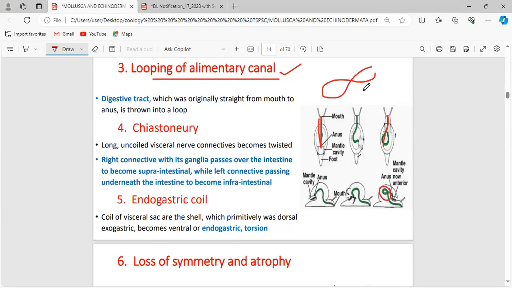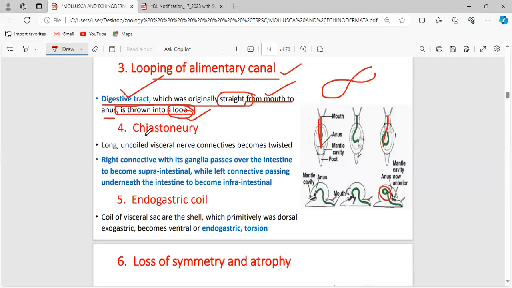This digestive tract, which is originally straight from the mouth to anus, is thrown into a loop. Before torsion, the digestive tract was straight from the mouth to the anus. Clear? And after torsion it becomes a digestive tract that forms a loop.